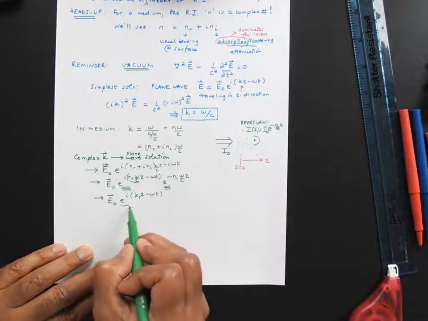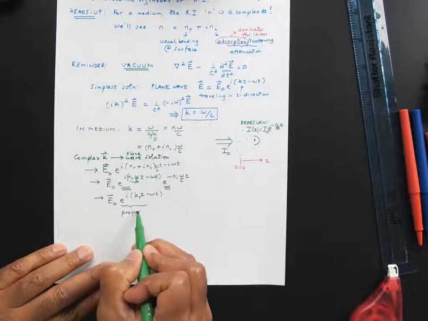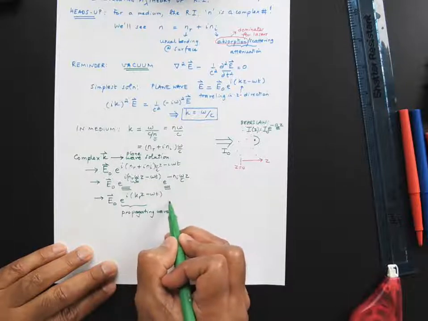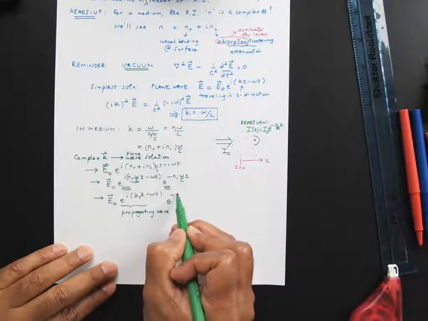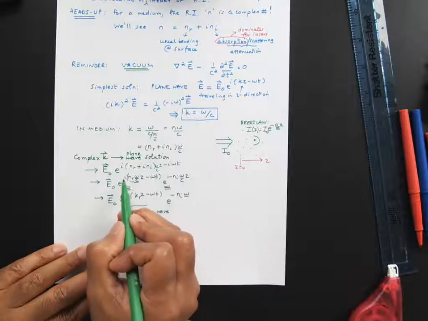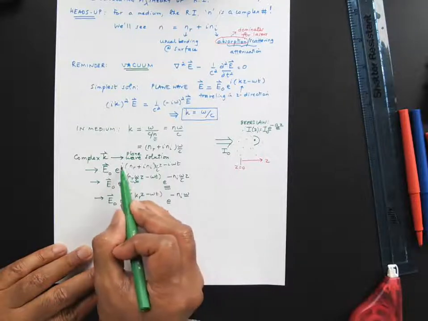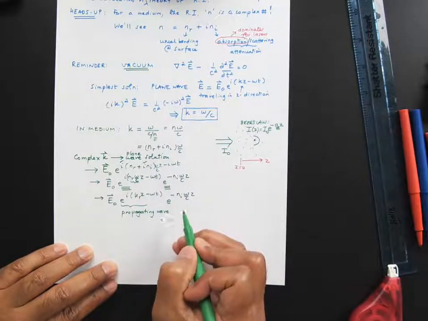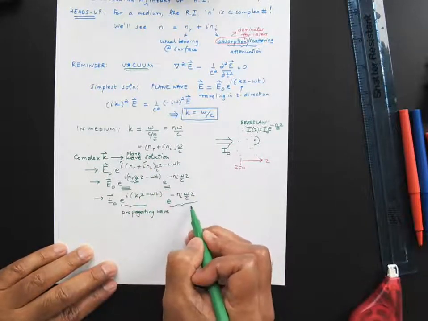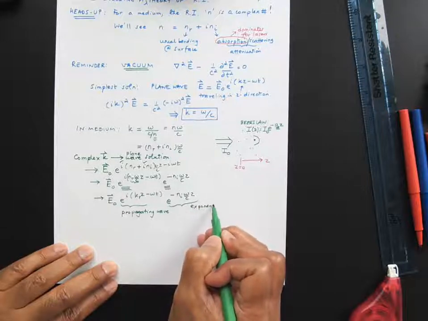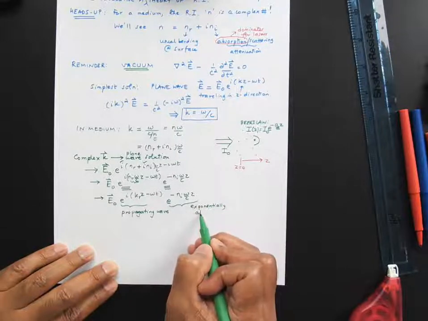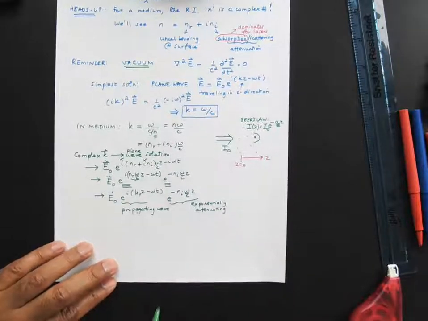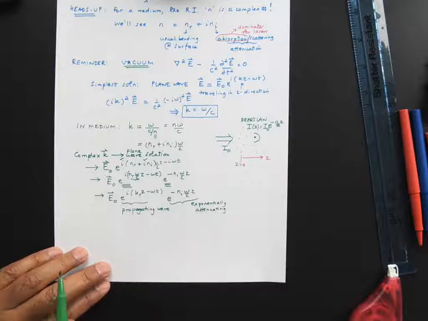So this is the propagating wave, but then I also have this exponentially dying off part, because the two i's, this i and this i and this i combined. So this is the exponentially attenuating. So I have an exponentially attenuating propagating wave.